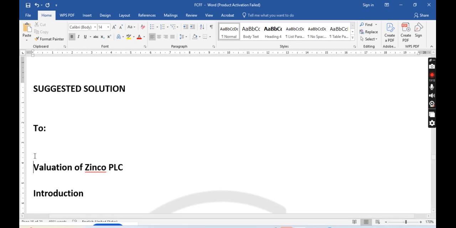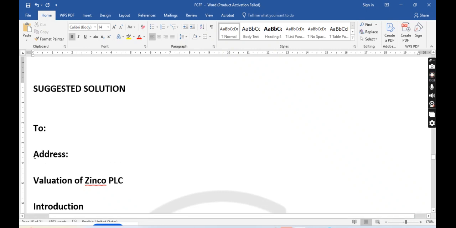This is to the board of, and then the address of the company that said you should do the valuation, or the address of Zinco, you can put it.